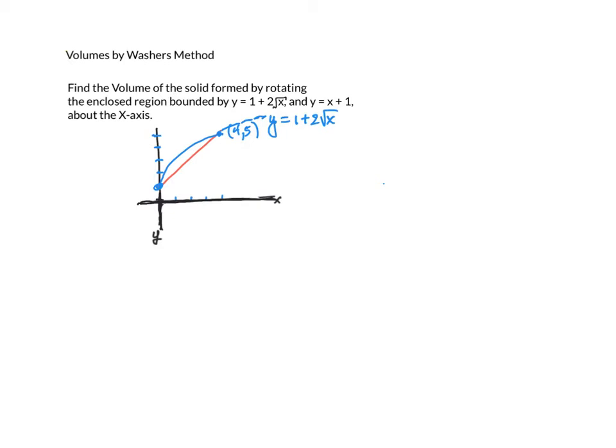And I take this bounded region and I'm going to spin it around the x-axis, rotating about the x-axis. So let's reflect down about the x-axis. When I reflect the two functions about the x-axis, I get something like this for the two functions.